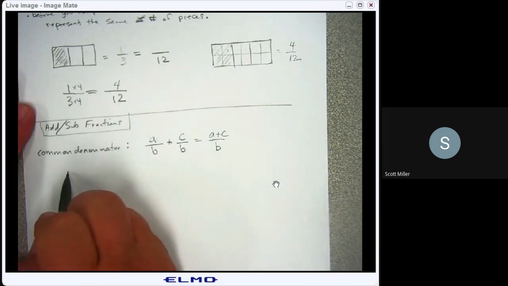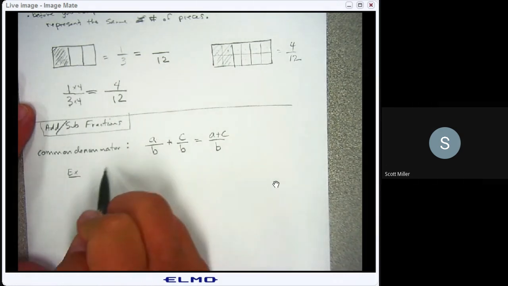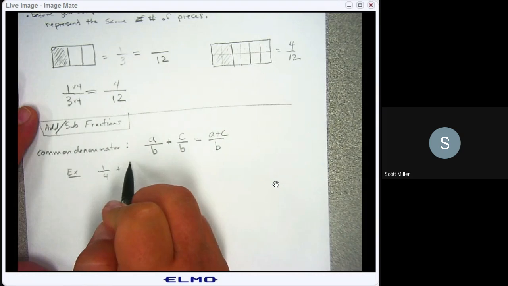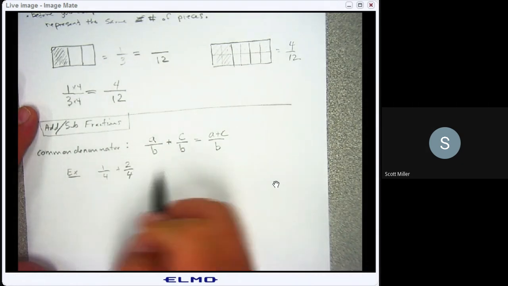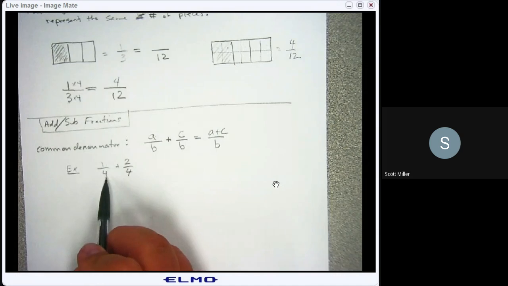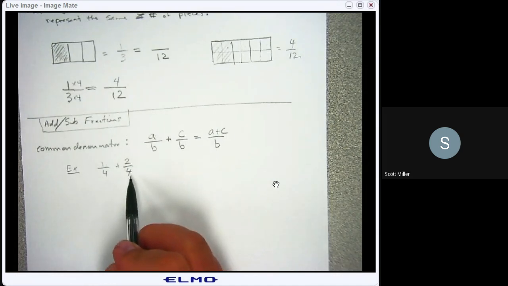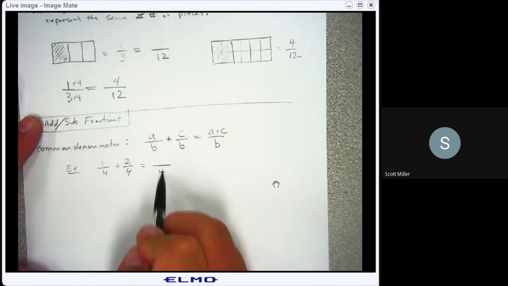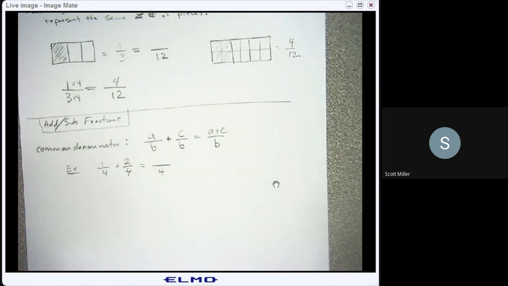A quick example of this scenario, I'll show you real quick. I'll just make one up. It'd be very simple. Let's do 1/4 plus 2/4. I have 1 out of 4 slices of this type. I got 2 of the same size slice, 4s, right? So how many do I have? Well, it's still a 4th slice, isn't it? The bottom number is the name of the slice.